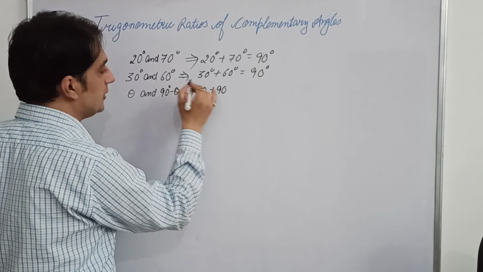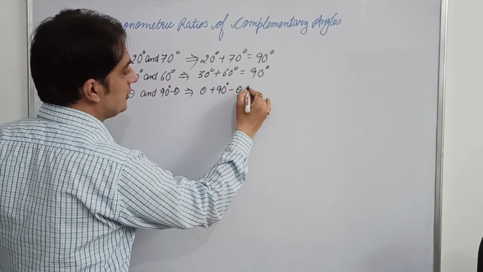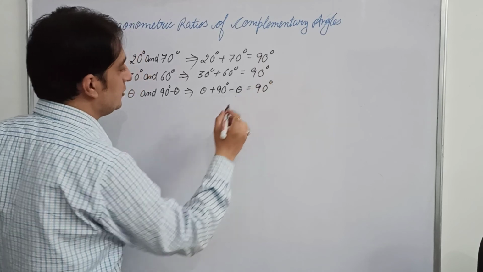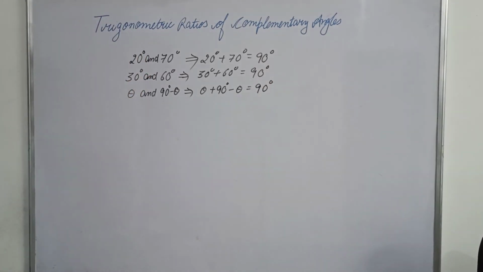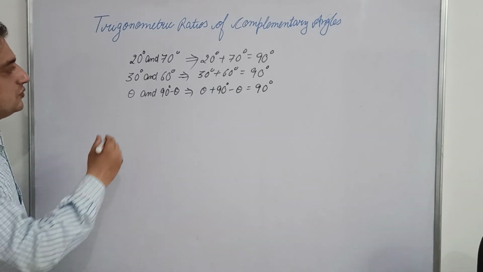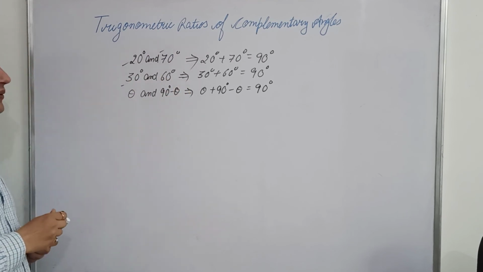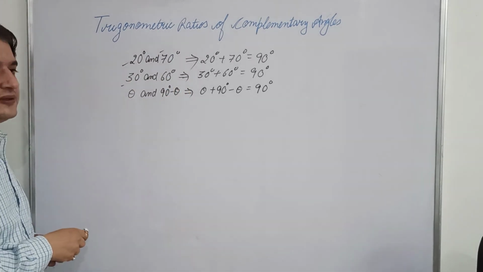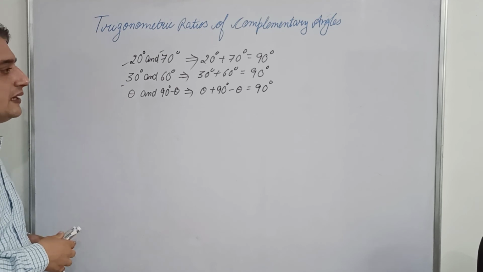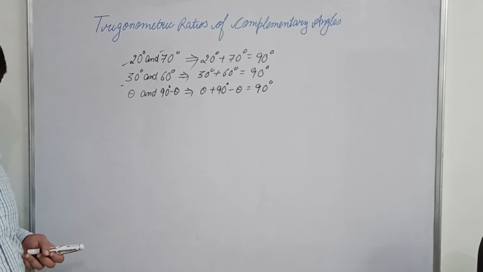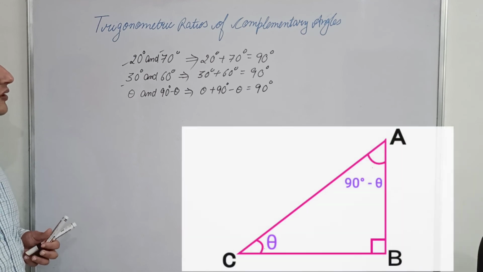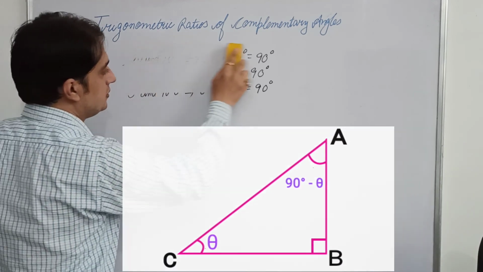If I add theta and 90 degree minus theta, I will again get 90 degree. So these are the complementary angles: 20 degree, 70 degree, 30, 60 degree. To find the complementary angle, just subtract that angle from 90 degree, right?